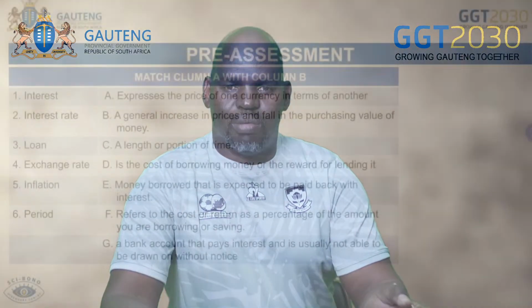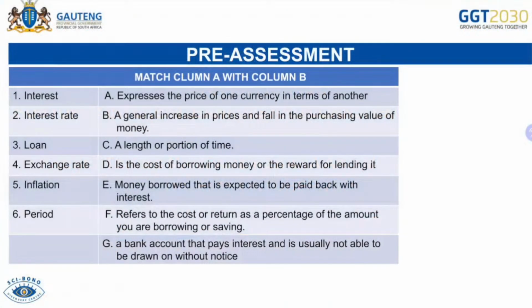Before we continue with our lesson, we have to look at your pre-knowledge, or the pre-assessment. We're quickly going to do a recap and check what you know and what you don't know with regard to what we are going to cover today. The most common questions in any question paper are on terminologies.